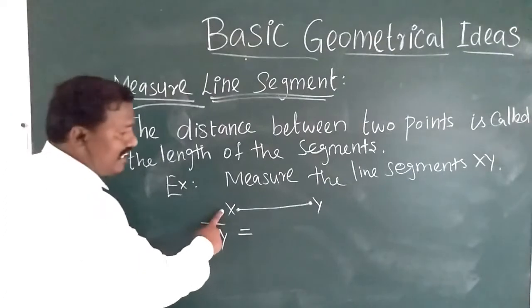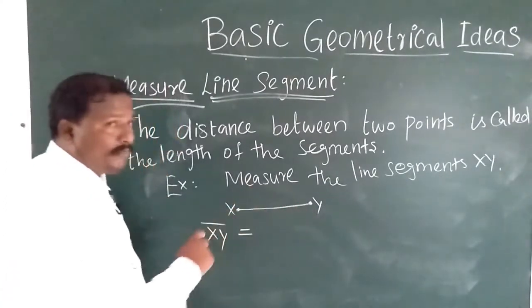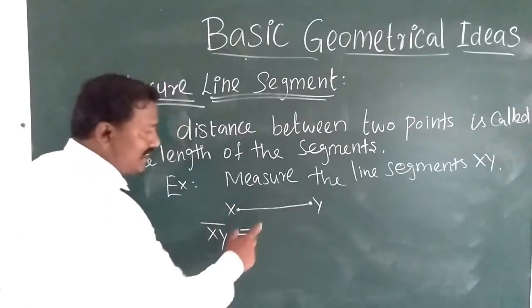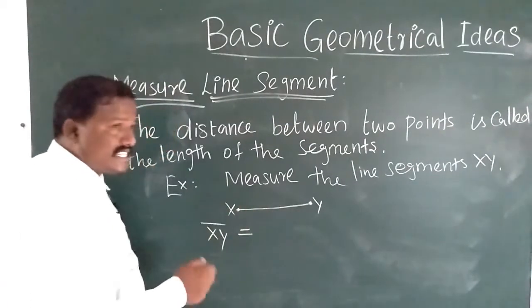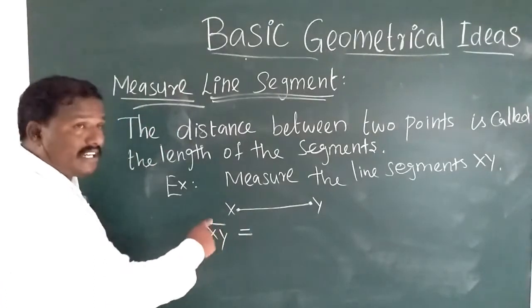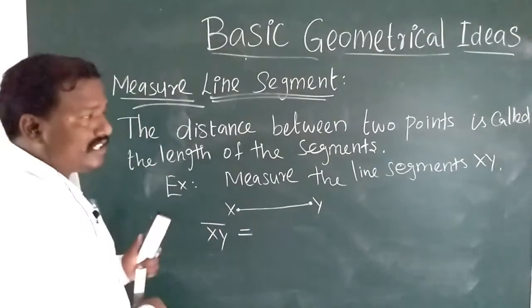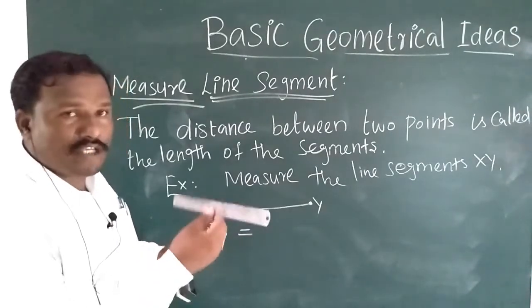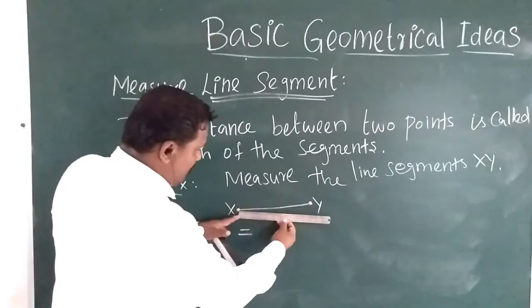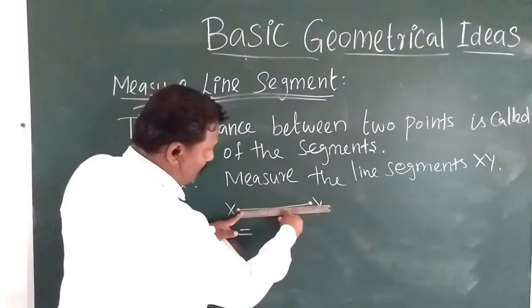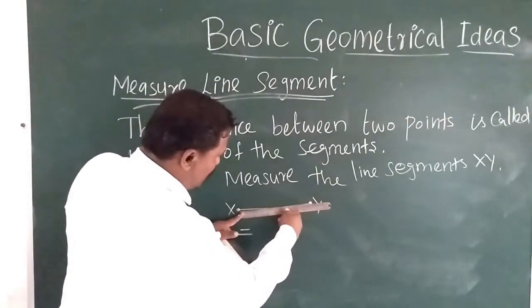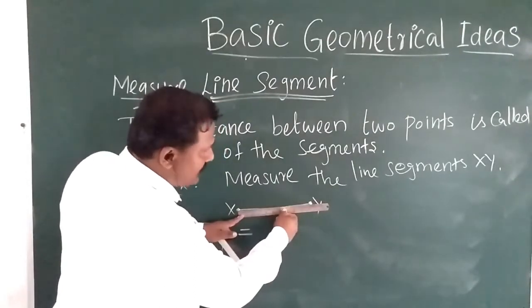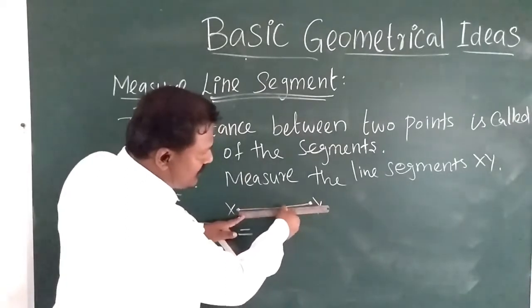Starting from x, ending at y. In the middle of the distance, we can express it like this: x y line is equal to. We have to measure this line using a ruler. So the distance between the 2 points is 27 centimeter.